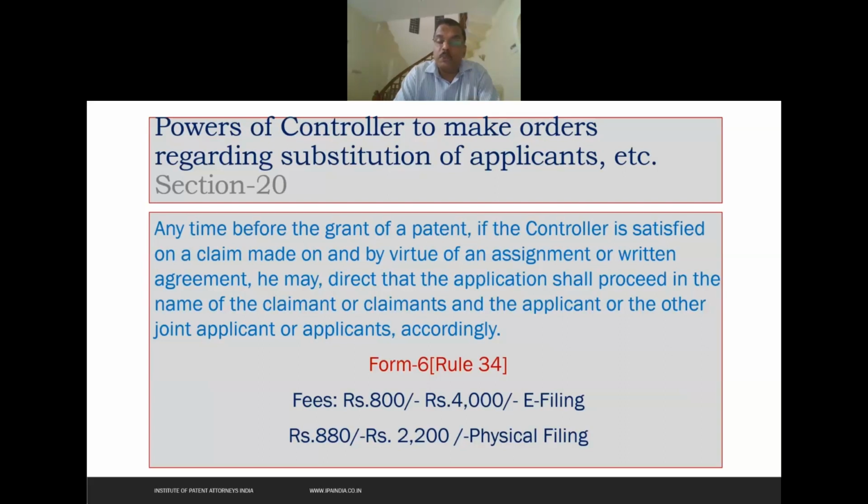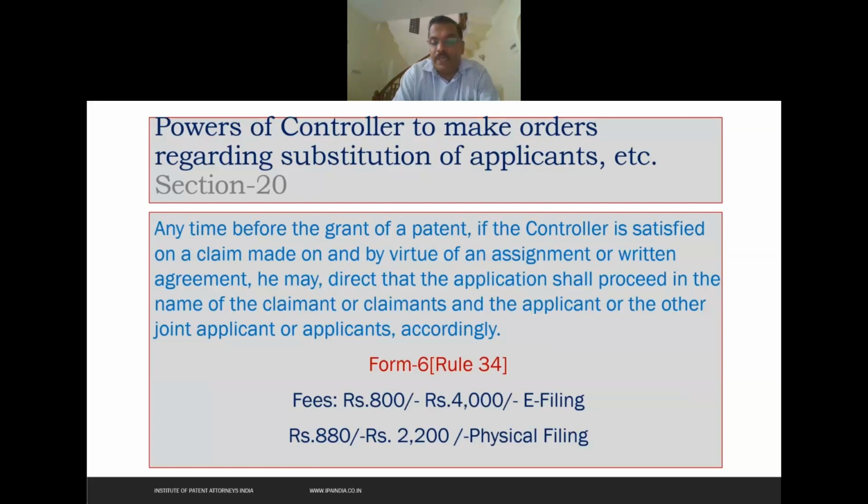ABCD Private Limited Company. Now you want to substitute Mr. A in the place of ownership. Ownership is already transferred to a company. And now Messrs. ABCD Private Limited is the applicant. There is no change in inventor. I already discussed that when we compared the inventor and applicant.